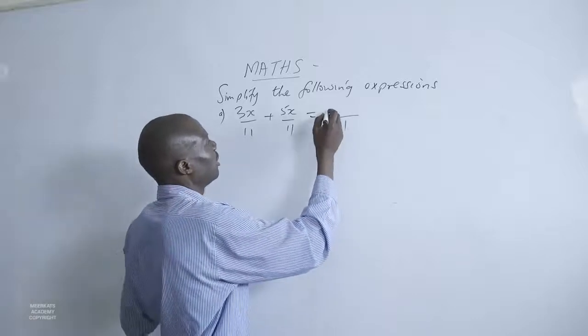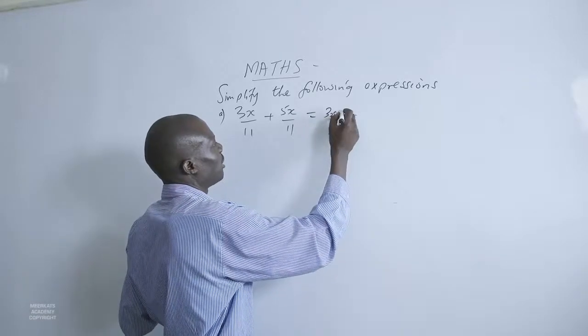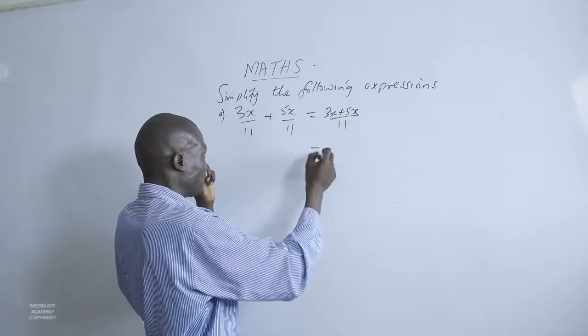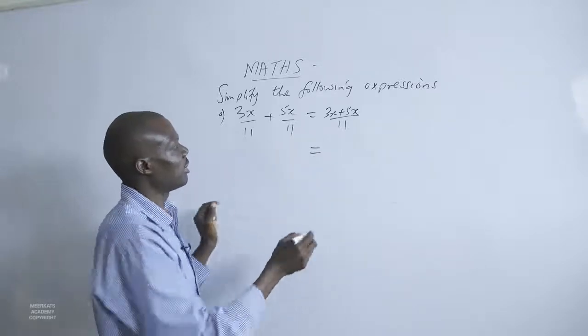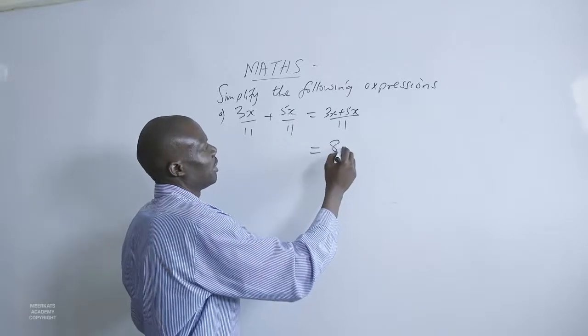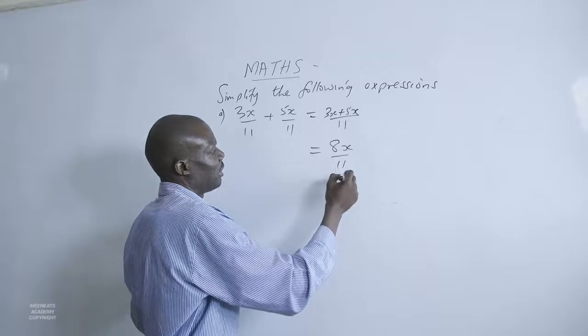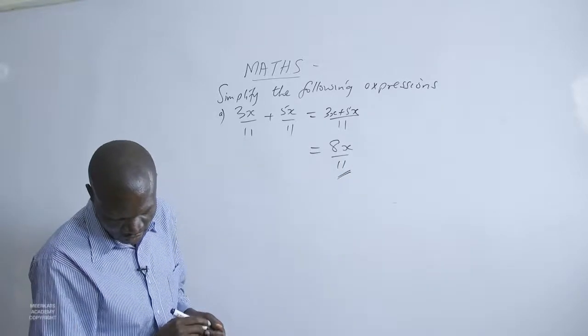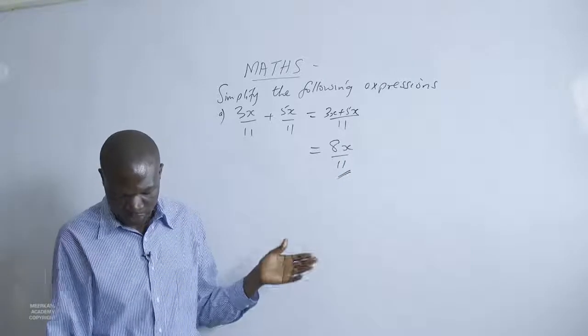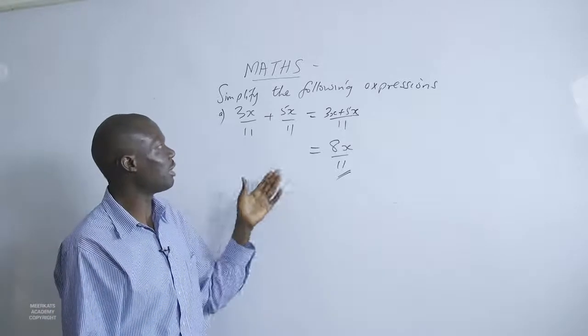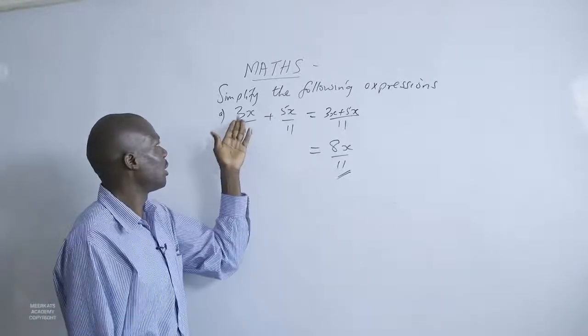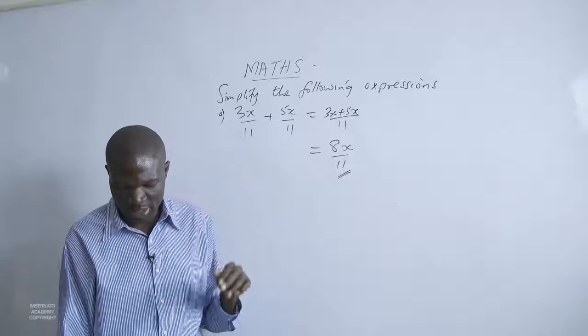So this will be 3x plus 5x. When you add this, it will give us 8x over 11. So this is our answer. And remember, we've said so simply because these are like terms.